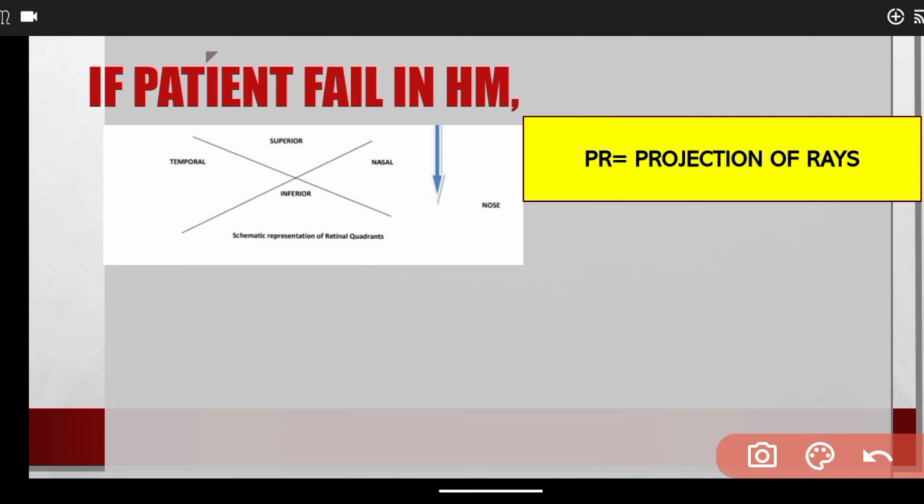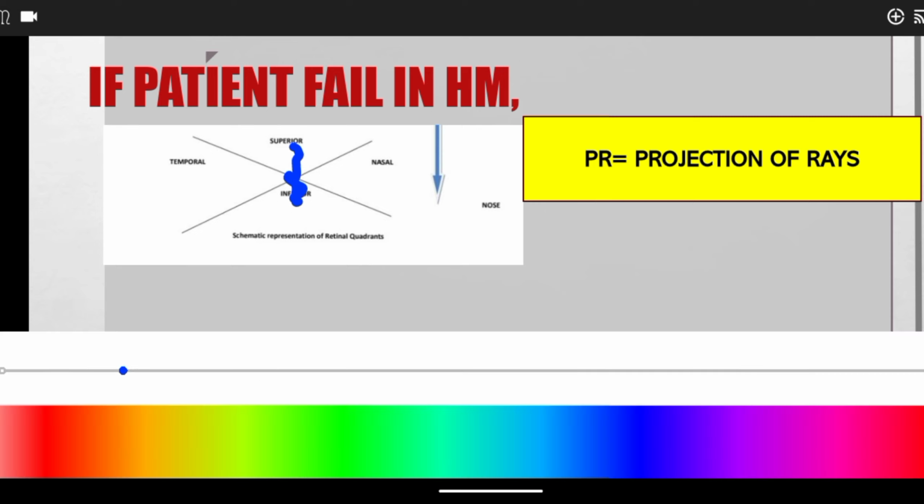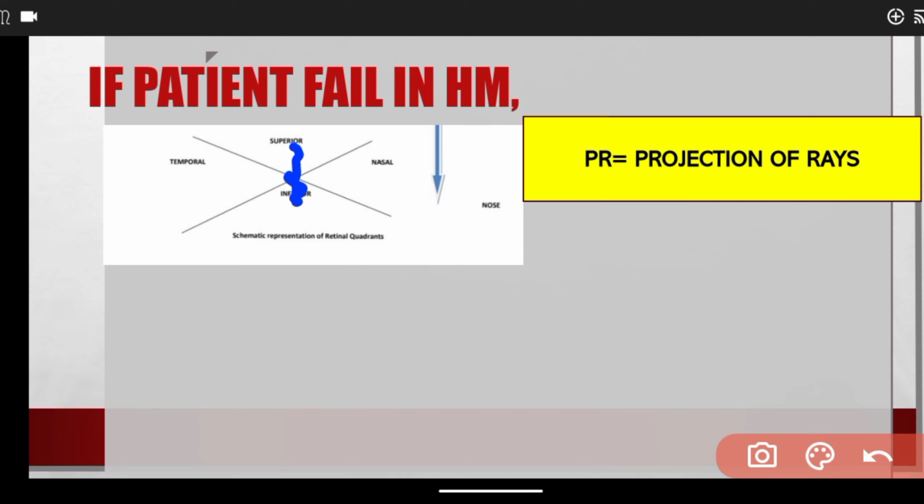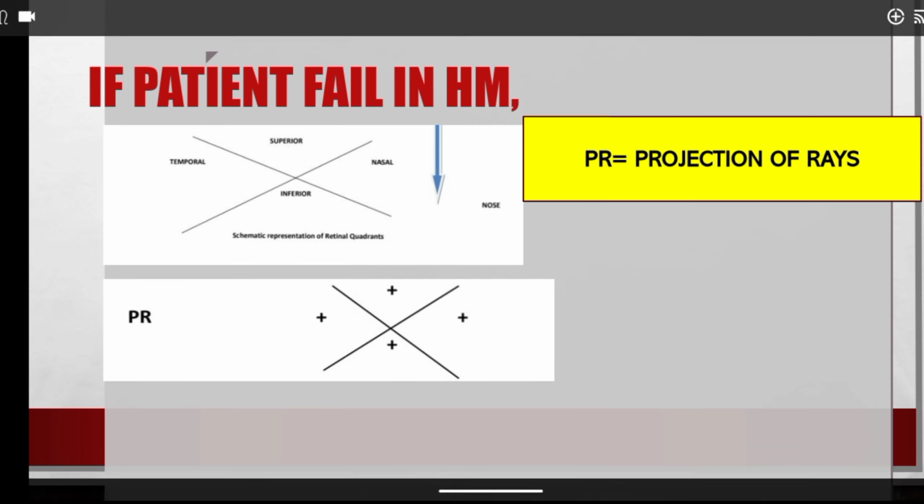We light up the pen torch first at the superior direction, then inferior, then temporal, and then nasal, and ask the patient in which direction the light is projecting. Okay. And we record the PR visual acuity this way.